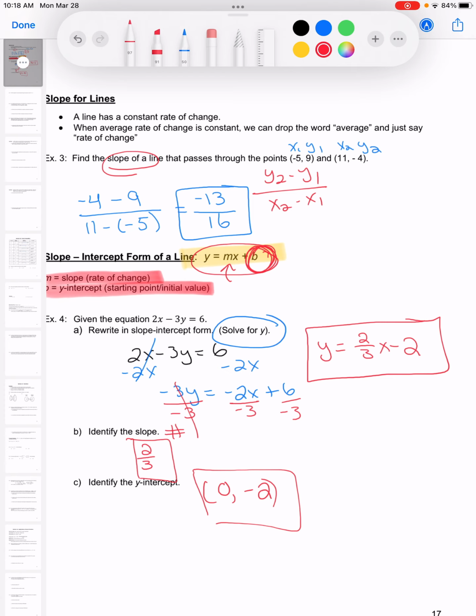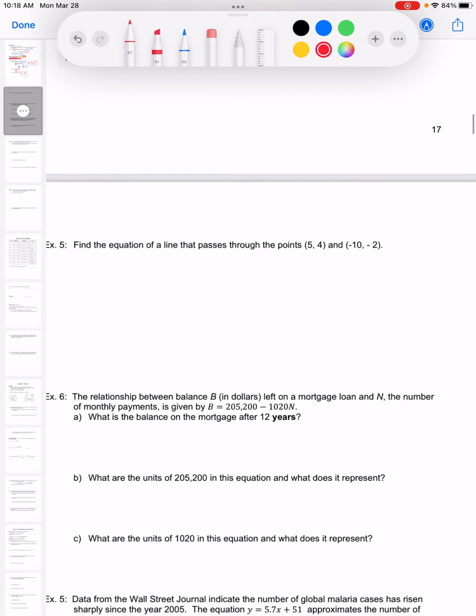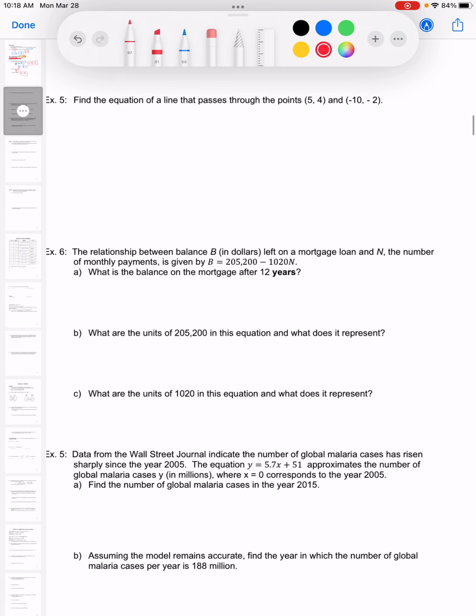All right, so let's keep this idea of y equals mx plus b on the next page. So I've given us two points, and I don't just want the slope, I want the entire equation of the line. So this takes two parts. I have to find m and I have to find b, and we need to find m first.